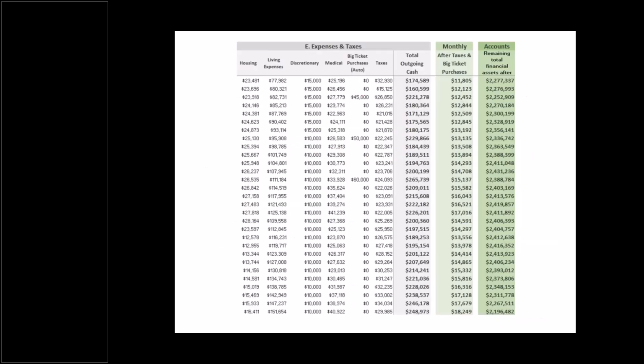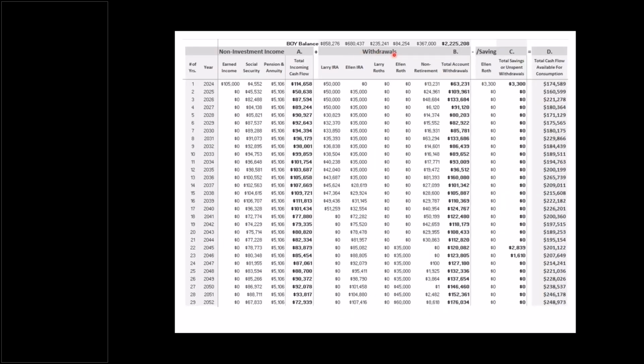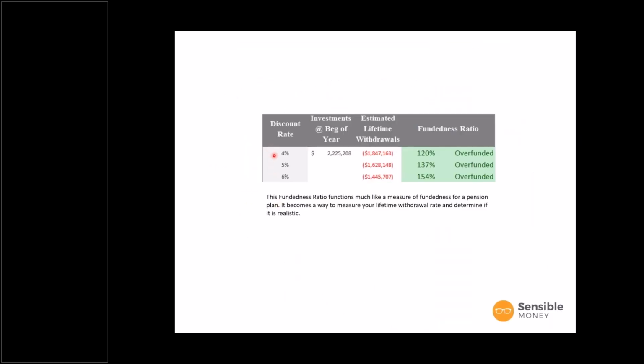So if I go back a few slides and I say, all right, here are all of the withdrawals we're expecting to take over Larry and Ellen's lifetime, well, if I take the present value of those withdrawals, assuming approximately a 4% discount rate, meaning if I had 1.847 million in the bank earning 4% a year, then it would deliver that stream of cash flows. We compare that present value number to the assets that they actually had at the beginning of the year, and we end up with a fundedness ratio. In this case, that fundedness ratio is positive.